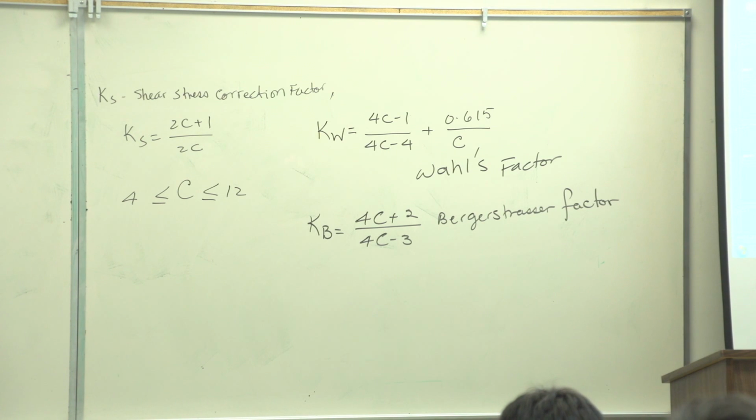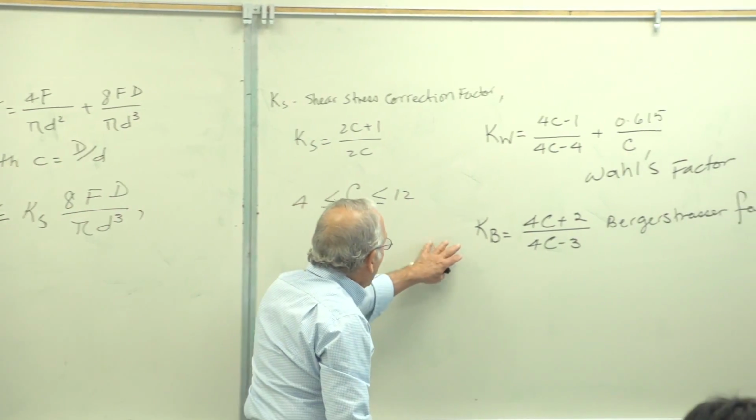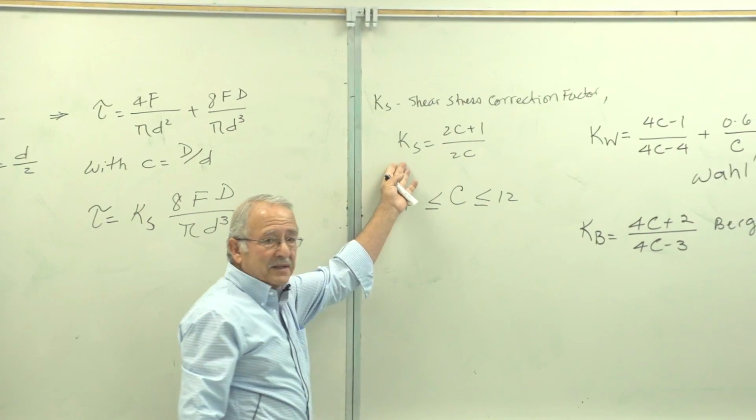These two factors, both of them, take into consideration the curvature, an increase of the stress due to that curvature on the inside of the wire. And they also include Ks.